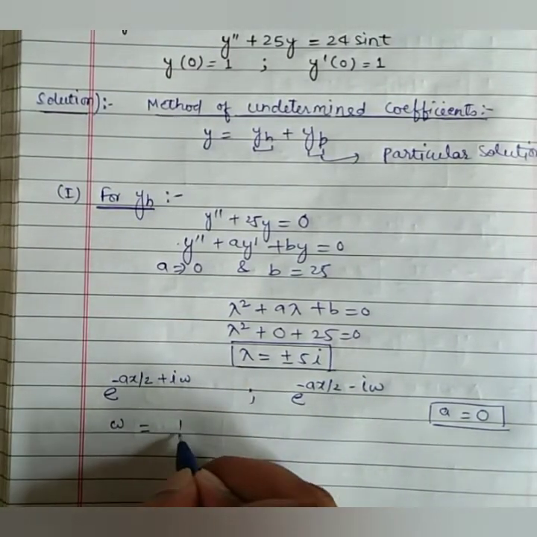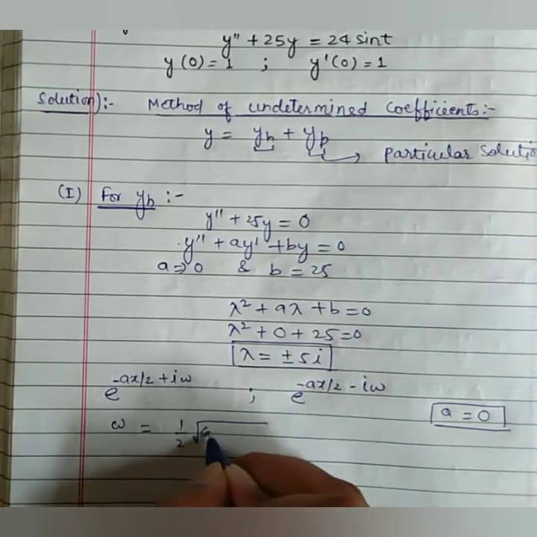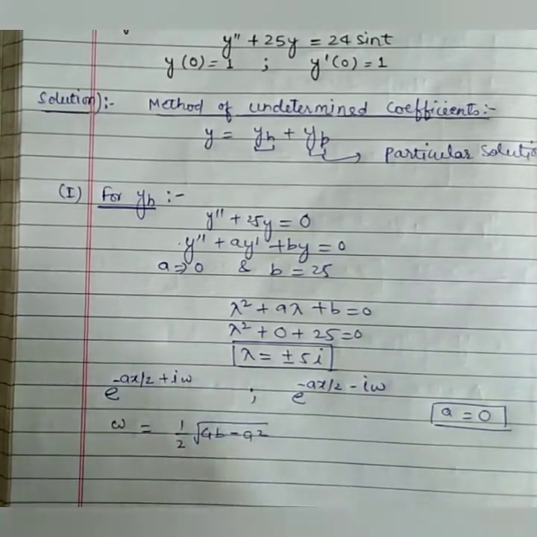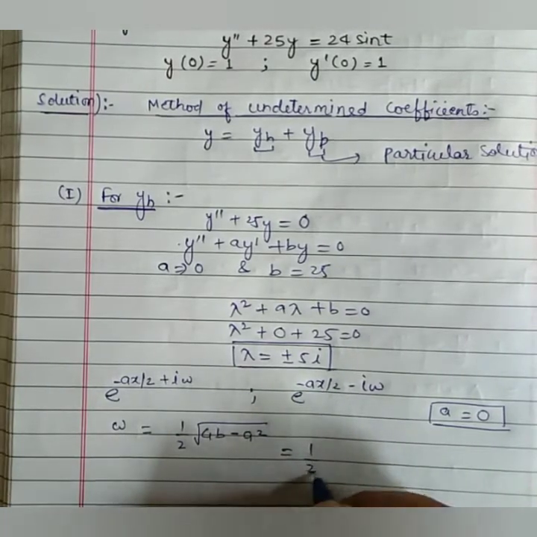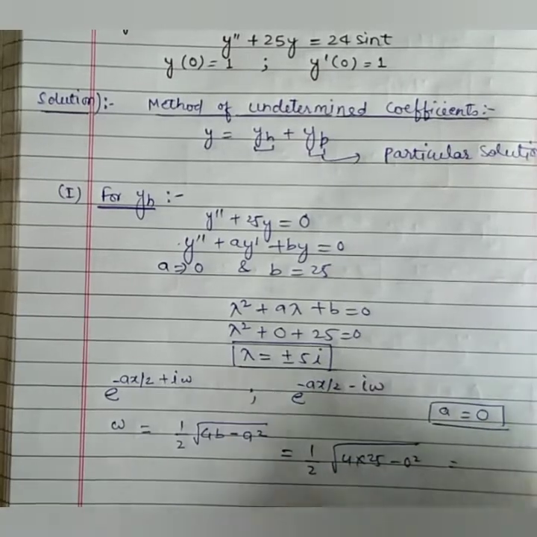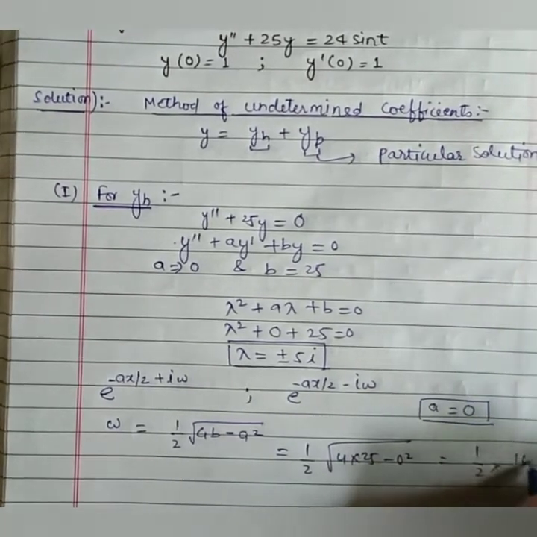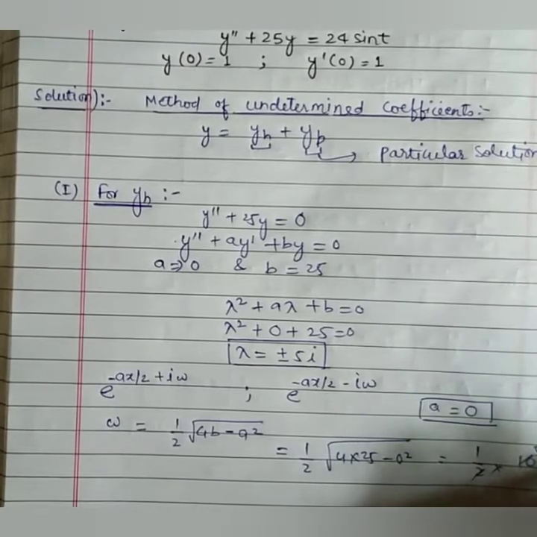The formula for omega is 1 by 2 under root 4b minus a square. So 1 by 2 under root 4 into 25 minus 0 square equals half into 10, so omega will be 5.